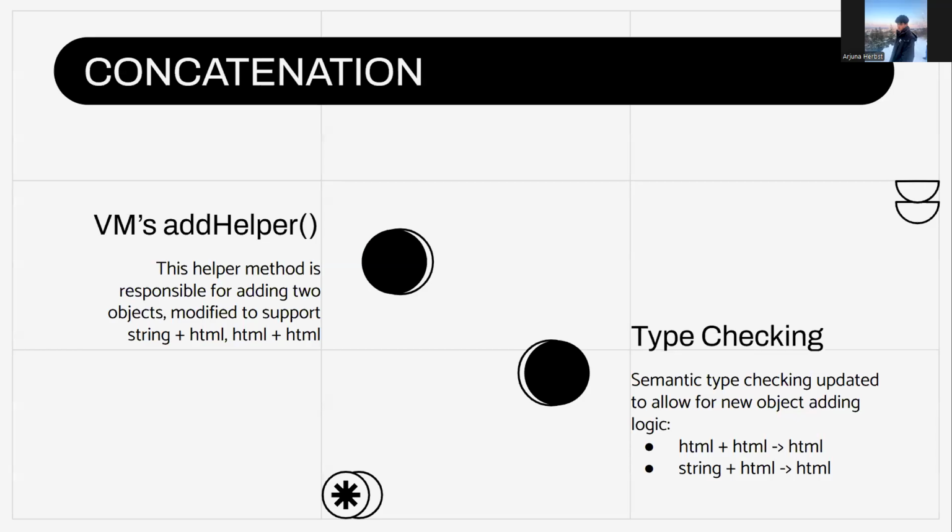First, we had to change that add helper method to support string plus HTML, HTML plus string, and then HTML plus HTML. Then from there, modifications of the semantic checker too, just to allow for object adding logic. Again, just allowing two HTML values to be added together, or a string plus an HTML or vice versa.